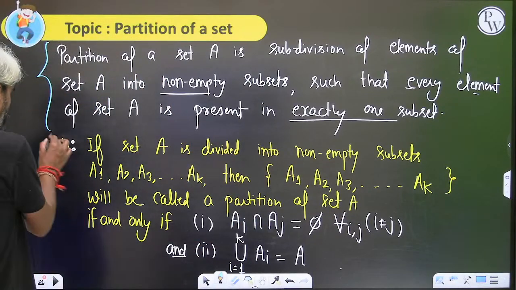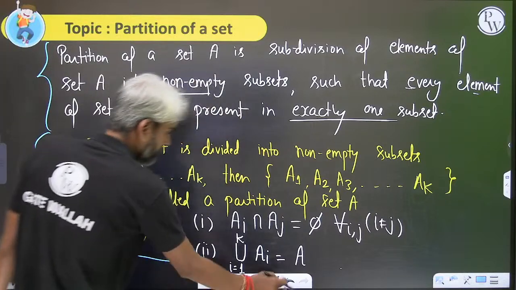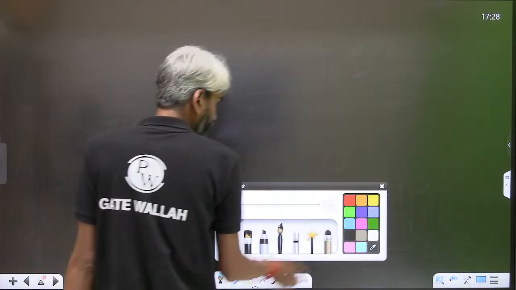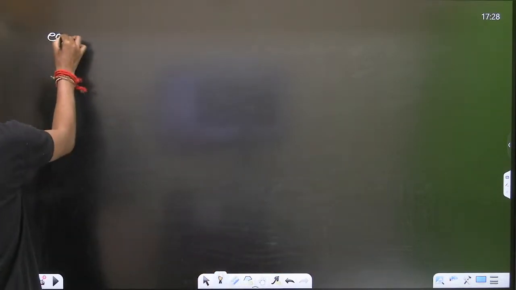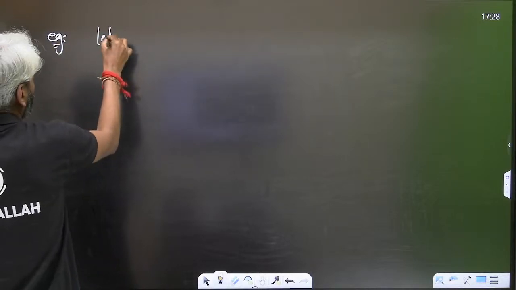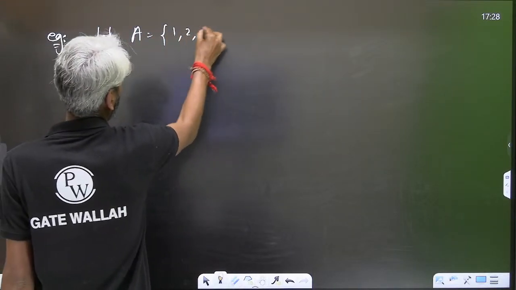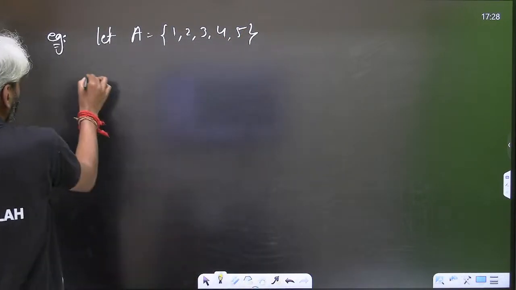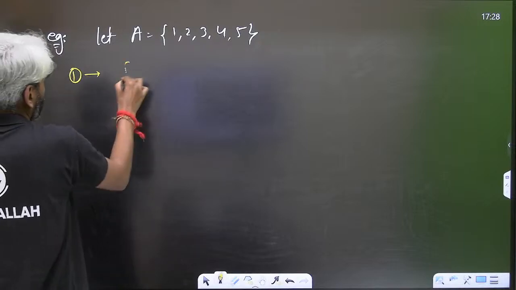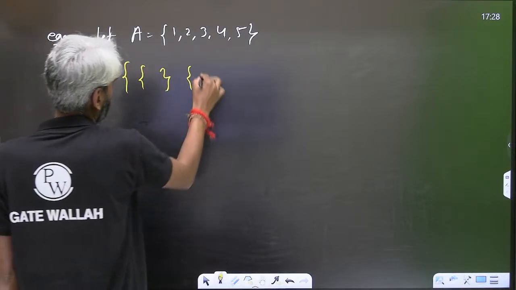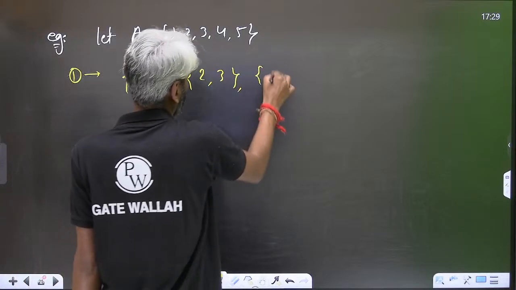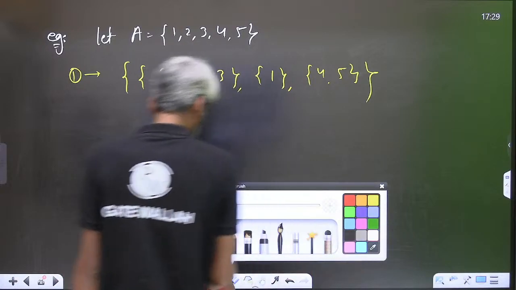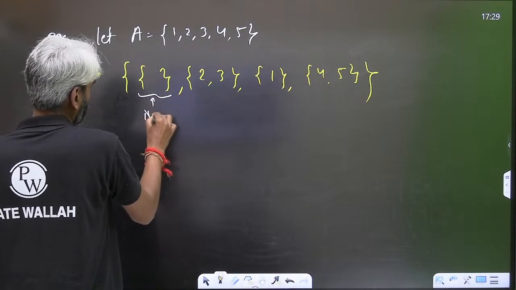So if I just give you an example, if I take this 2, 3, 1, 4, 5, is it a partition? No, sir.